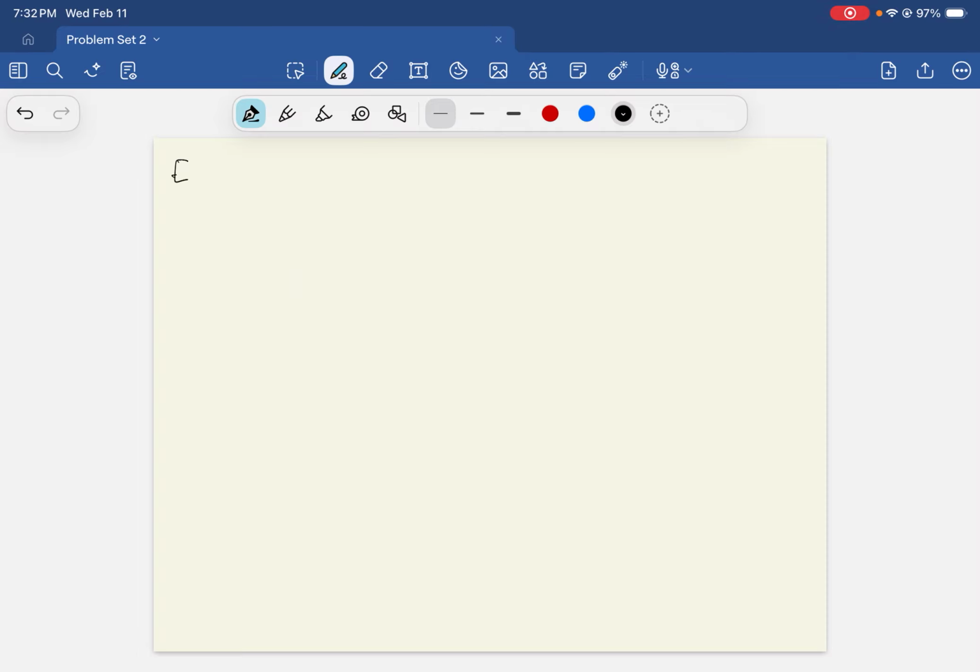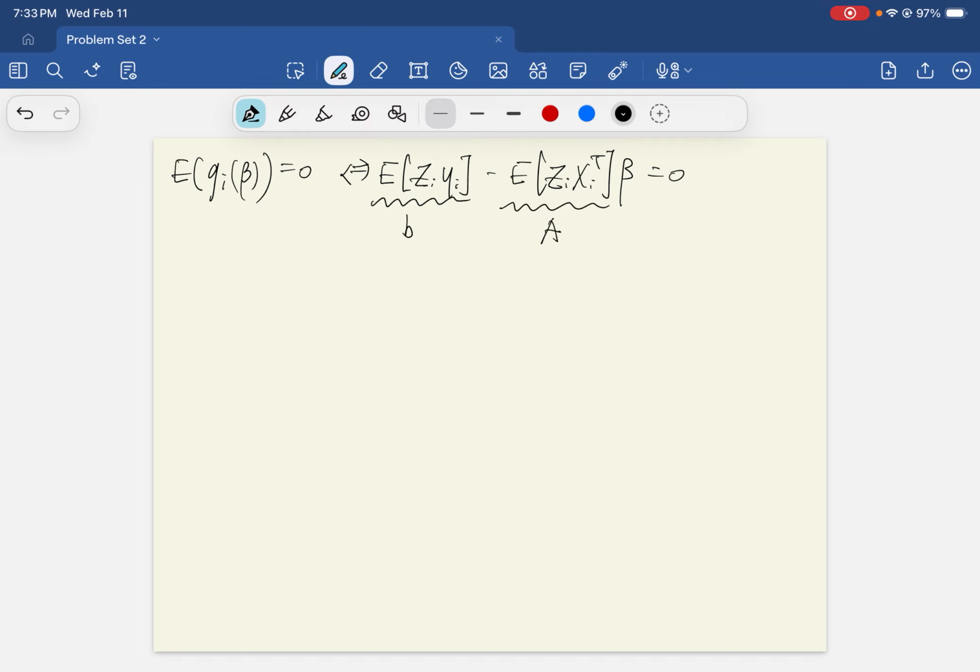Now back to the moment condition. This equality is actually a linear equality. As you see, it is expectation of z_i y_i minus expectation of z_i x_i transpose beta equals 0. Let me write this as B and this as A. B is an m-dimensional vector and A is an m by k matrix.